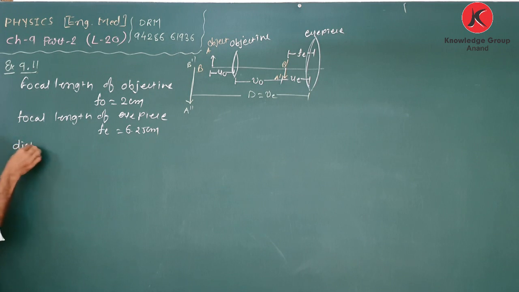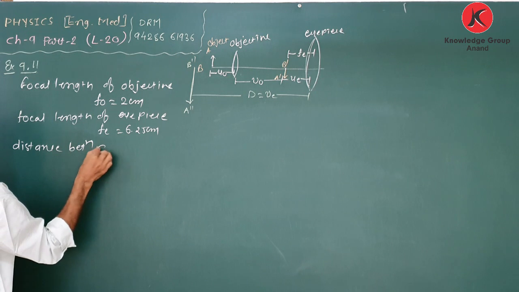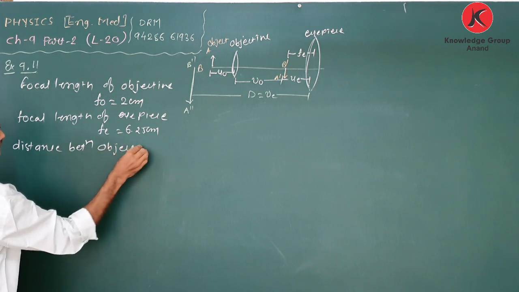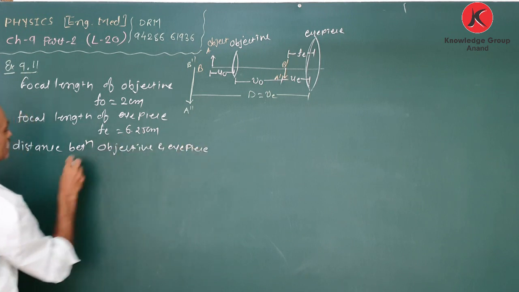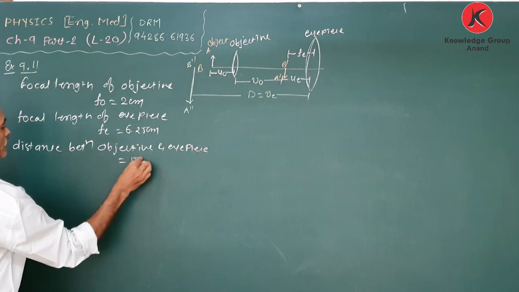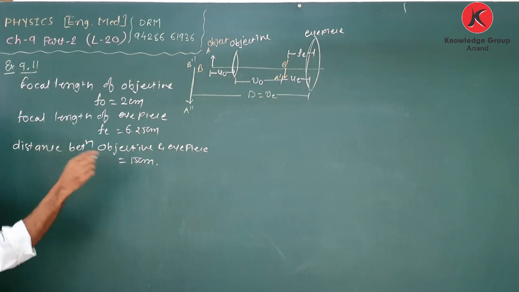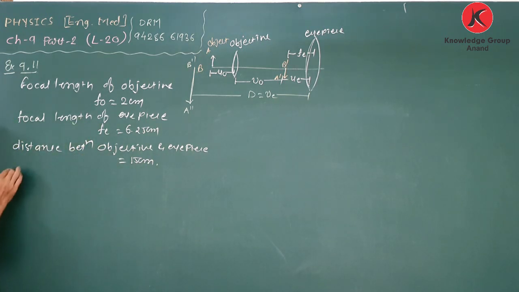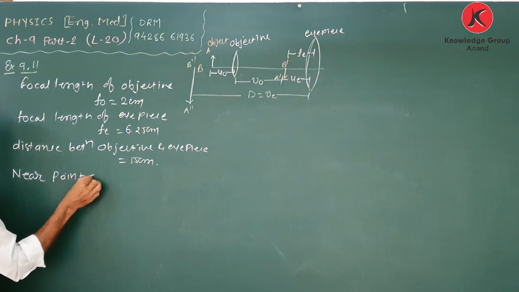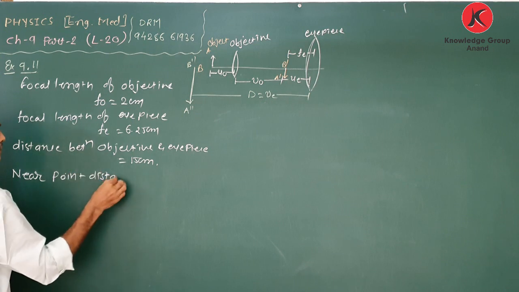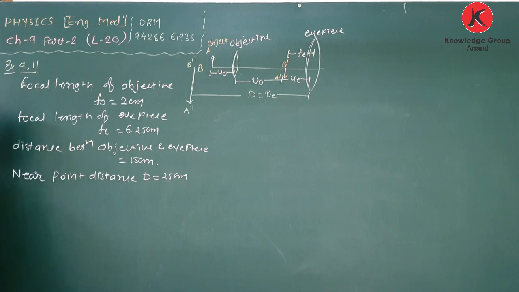The distance between the two lenses, objective and eyepiece, is equal to 15 centimeter. And the near point distance, capital D, is equal to 25 centimeter.